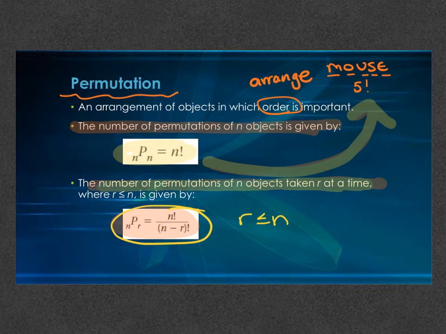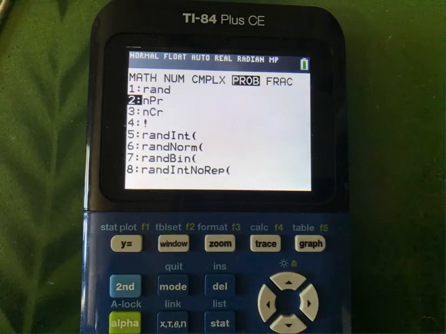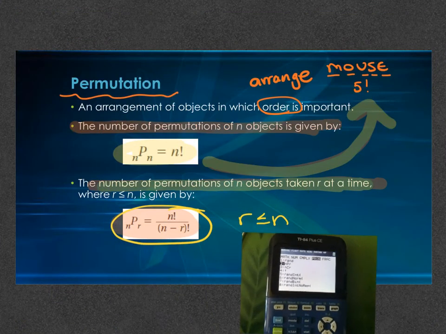So on your calculator, there's also that button. So remember, if I went back to the same menu, the second thing in that menu says nPr.